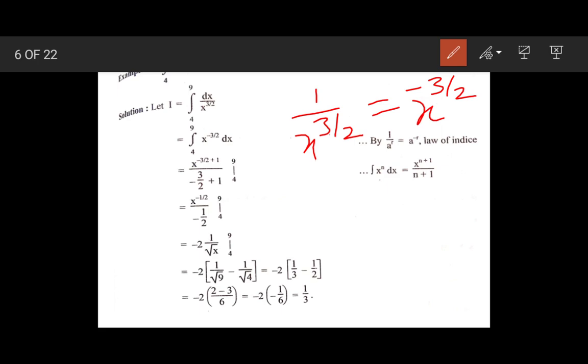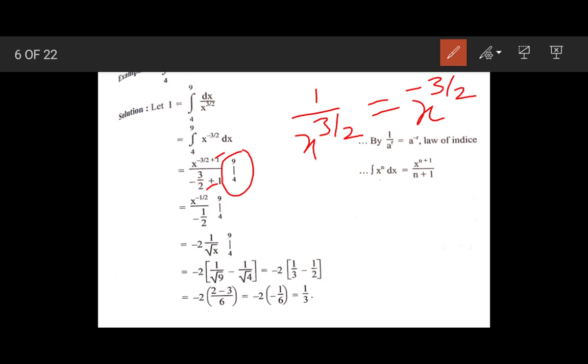The integral of x raised to n is x raised to n plus 1 upon n plus 1, where n is minus 3 upon 2. So x raised to minus 3 upon 2 plus 1, upon minus 3 upon 2 plus 1, with limits of integration 4 to 9.